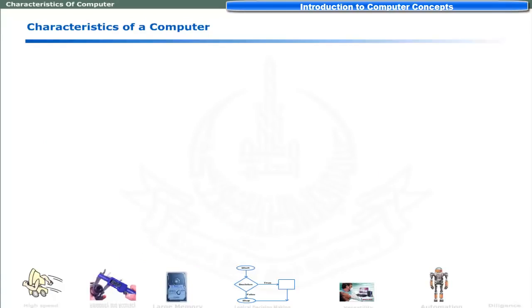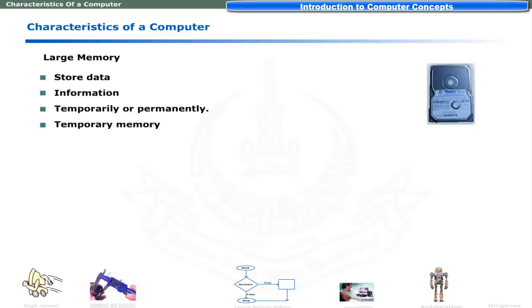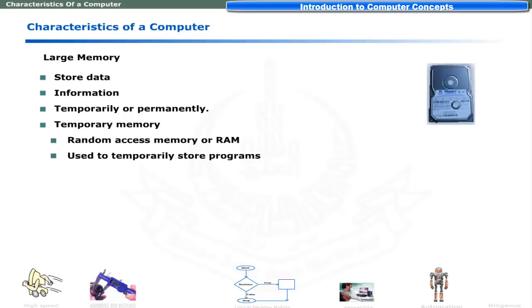Dear learners, another feature of computer is its large memory. Computer memory is used to store data and information temporarily or permanently. Temporary memory is normally referred to as random access memory. This is used to temporarily store programs that are currently executing on your system.